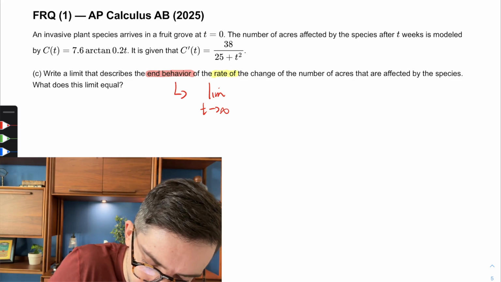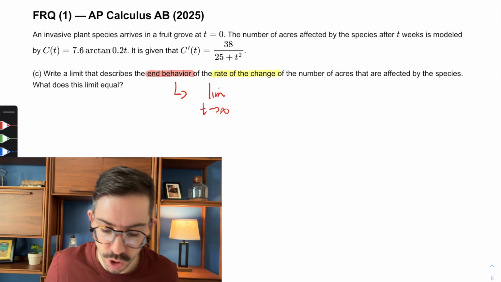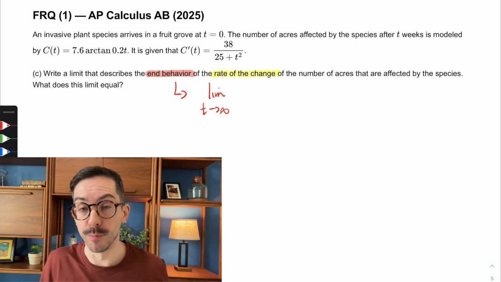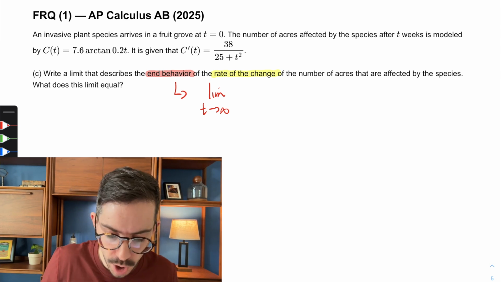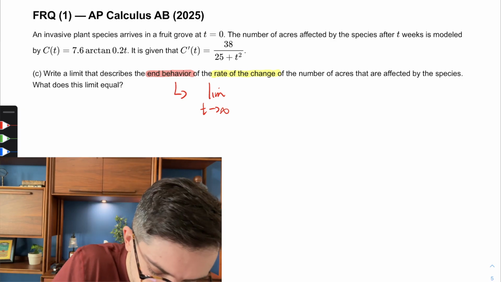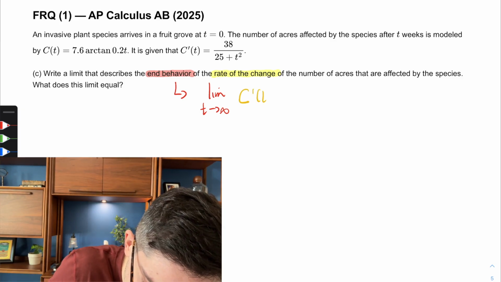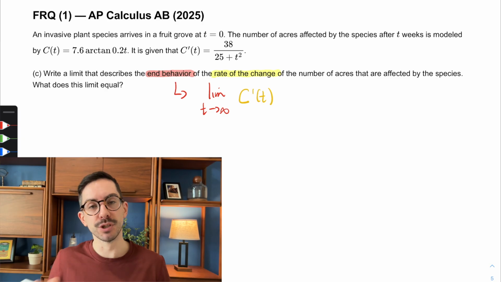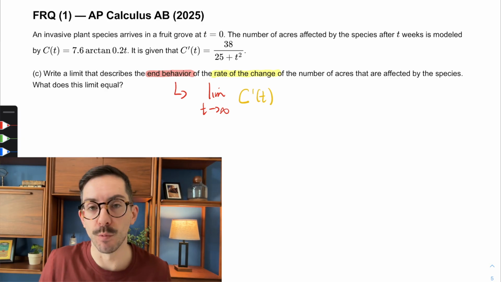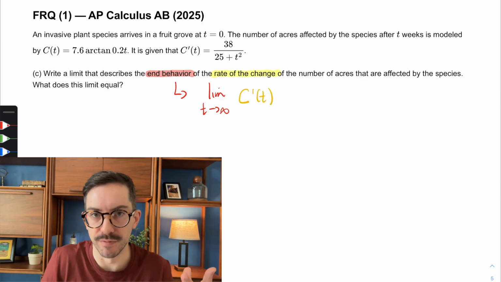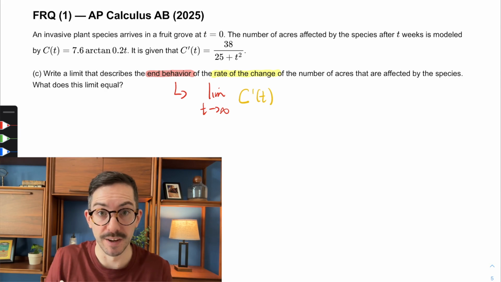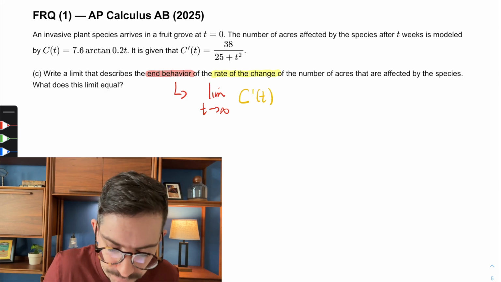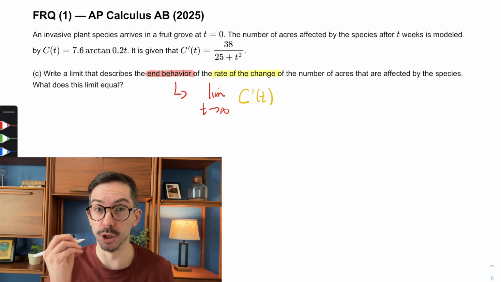Well, it's asking about the end behavior of the rate of change of the number of acres affected. Well, the rate of change is c prime. So this is just going to be the limit as t goes to infinity of c prime of t. If I wanted to be fancy, I could write out the formula for c prime, 38 over 25 plus t squared. But that is the limit they are looking for.